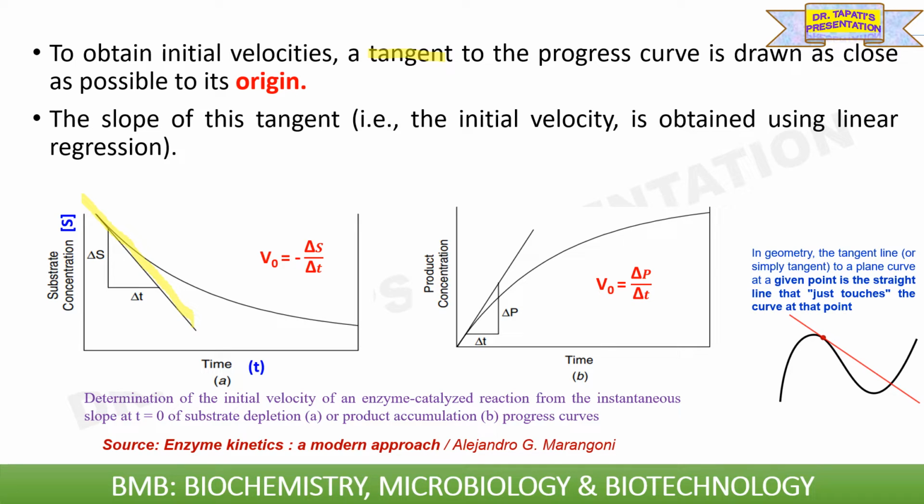The slope of this tangent, that is delta S by delta T for substrate depletion, the initial velocity, is obtained using linear regression. Here the initial velocity is equal to minus dA by dt for substrate depletion, and for product accumulation, initial velocity is equal to delta P by delta T, for this linear regression to its origin.